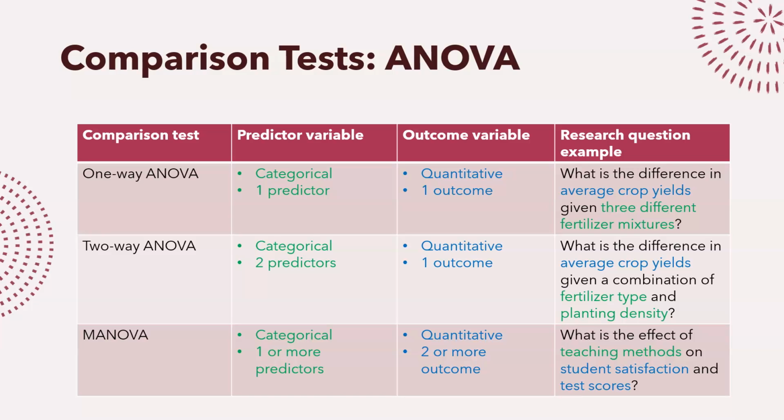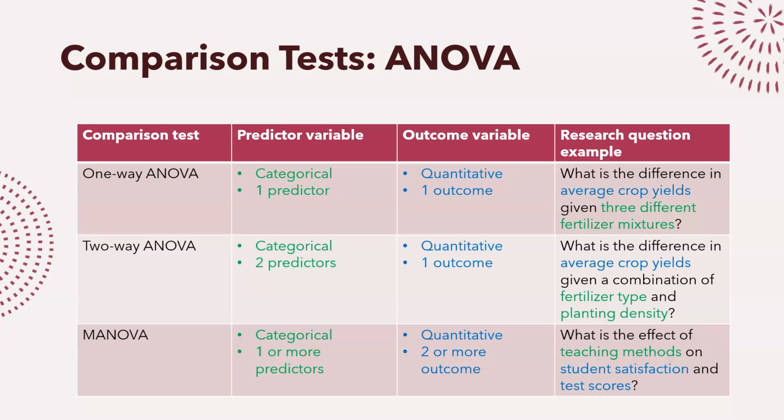Use a one-way ANOVA when you have collected data about one categorical independent variable and one quantitative dependent variable. The independent variable should have at least three levels, such as three different groups or categories.